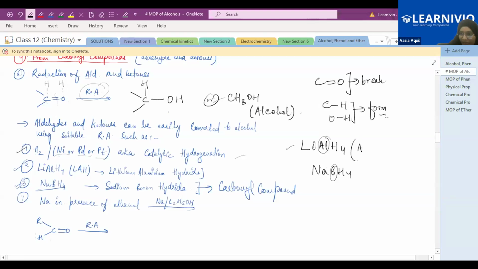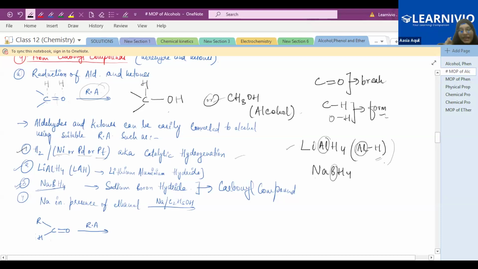Here the aluminium and hydrogen bond is present, right? And aluminium is less electronegative as compared to boron, right? So due to the lower electronegativity, this aluminium-hydrogen bond is more polar, right? This bond is more polar. So due to the more polarity, you can write, this is a strong reducing agent.